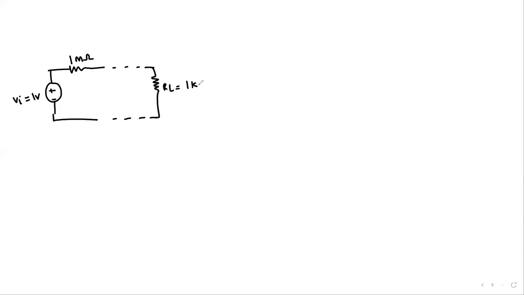So what is the use of a voltage follower? Let's say we have a transducer which can be modeled by a voltage source Vi. It has a value of 1 volt and a very high source impedance of 1 mega ohm, and we connect it to a load which has a low value of, let's say, about 1 kilo ohm. So what is the voltage delivered to the load?